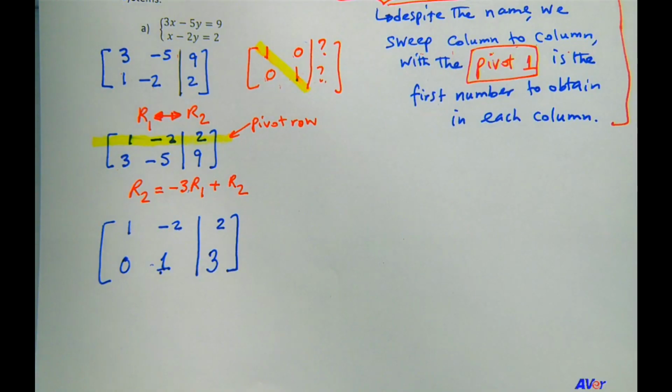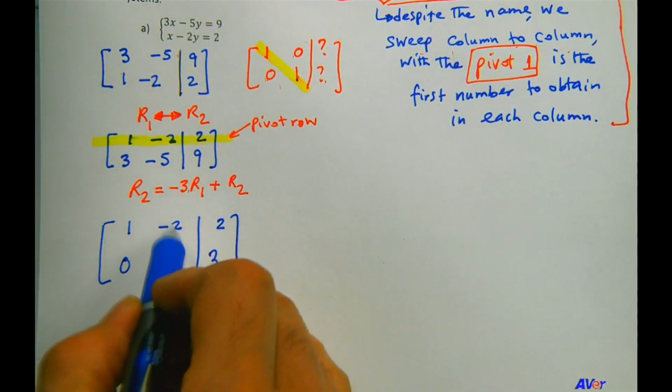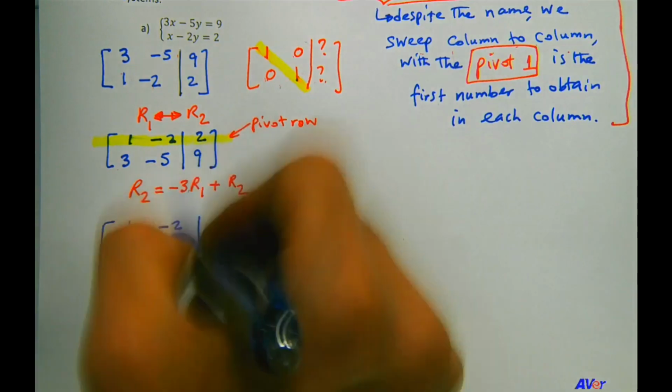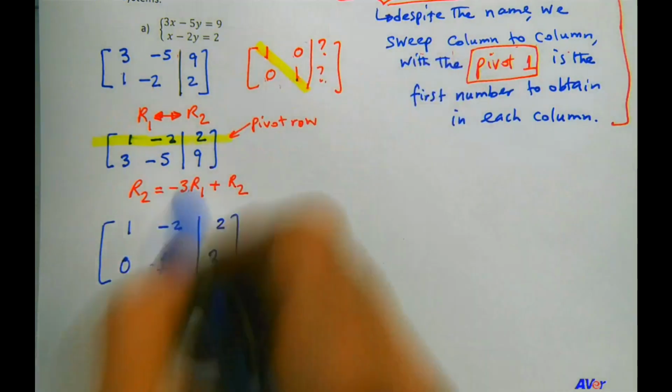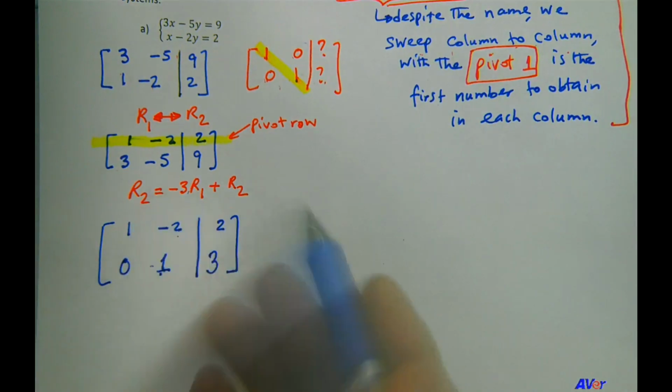How do we get 0 in that spot, to make this column look like 1, 0? Well, all we need is a positive 2 to add to this negative 2 and get 0.